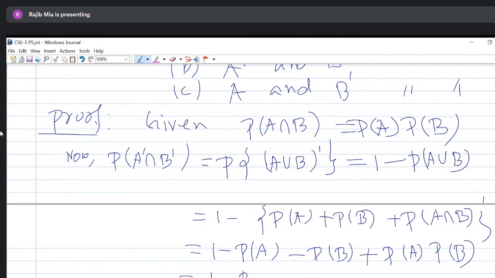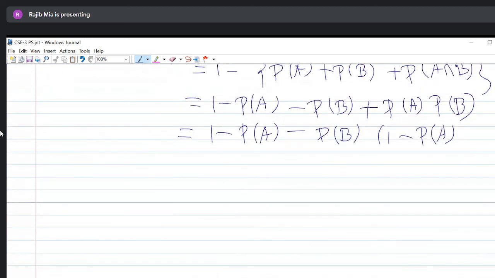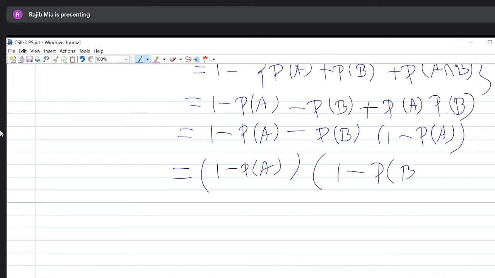So this is 1 minus probability of A; from the last two terms we can take probability of B common, minus probability of B into 1 minus probability of A. So this equals 1 minus probability of A into 1 minus probability of B. 1 minus probability of A means probability of A complement, and 1 minus probability of B means probability of B complement.